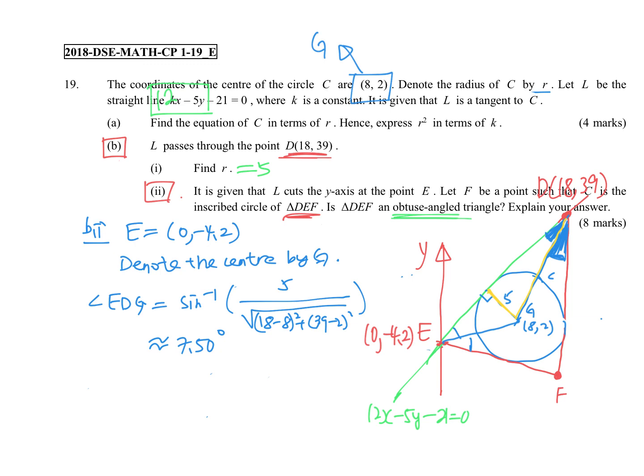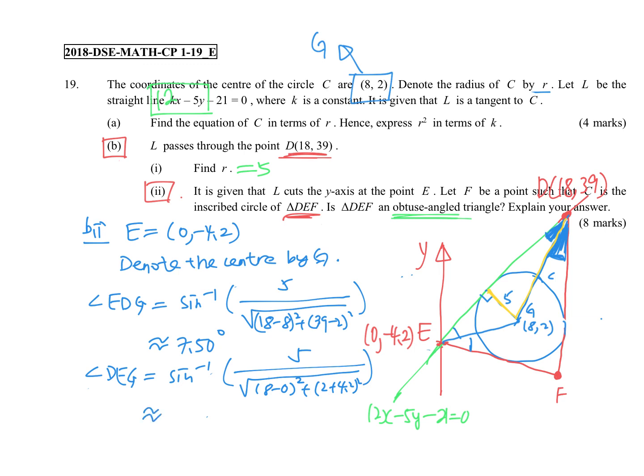And then angle DEG. Similarly, sine of it is 5 over the square root of (8 minus 0) squared plus (2 plus 4.2) squared, just the distance formula again.